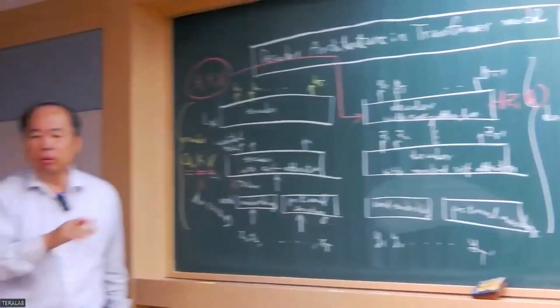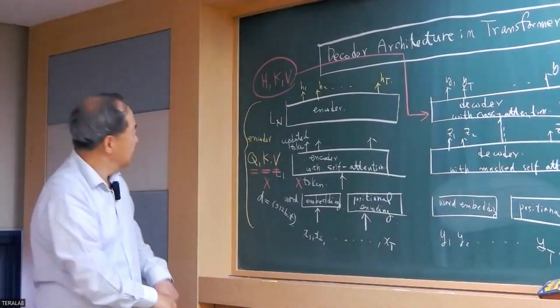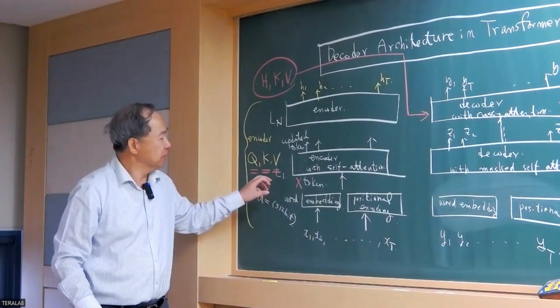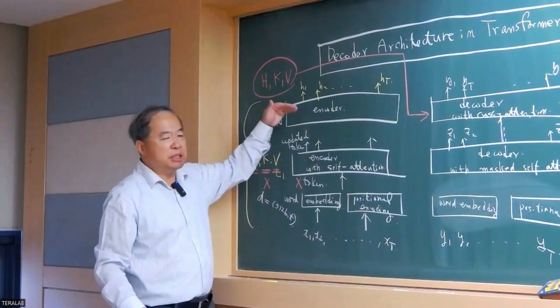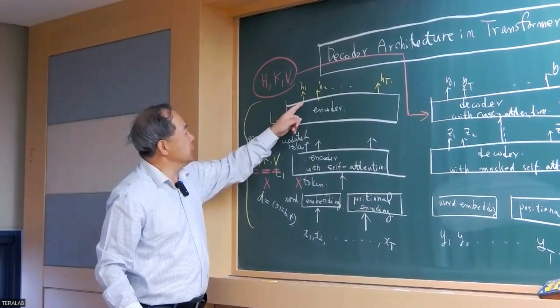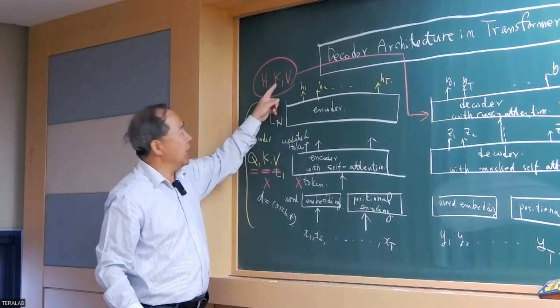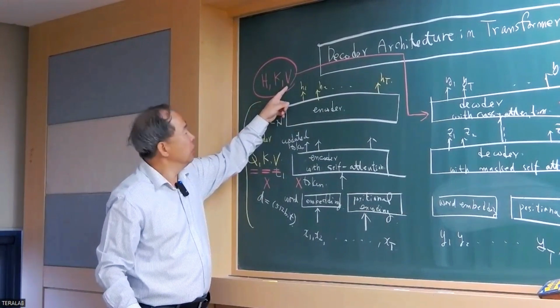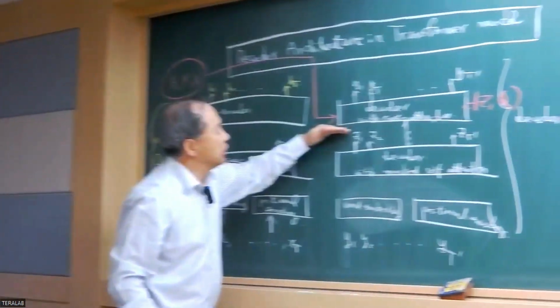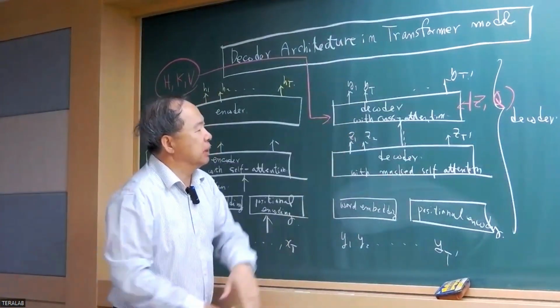I don't want to spend the whole class revisiting this query, key, and value. But at the final stage, the output is H, and each output has K and V values. That is going to be connected to the decoder. Later on, I'm going to tell you about that.